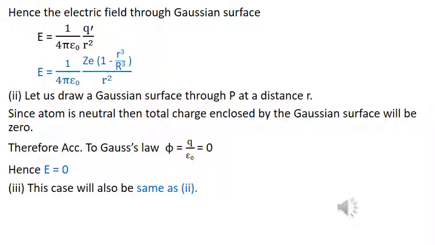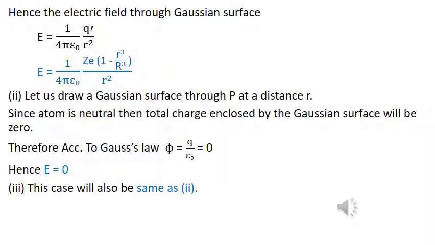In the second part, which is small r greater than capital R, we will draw a Gaussian surface through point P at a distance r. In this case, the total flux will be equal to 0 because it is given in the question that the whole atom is neutral.